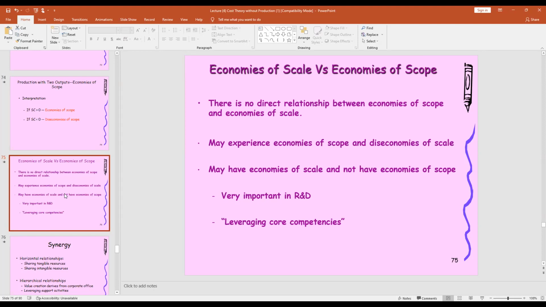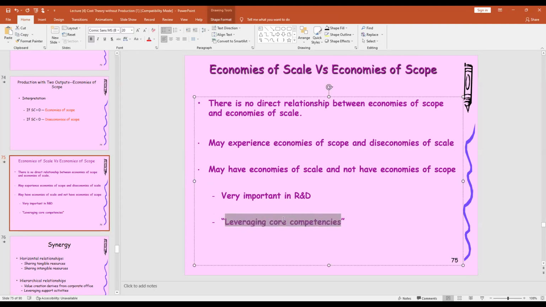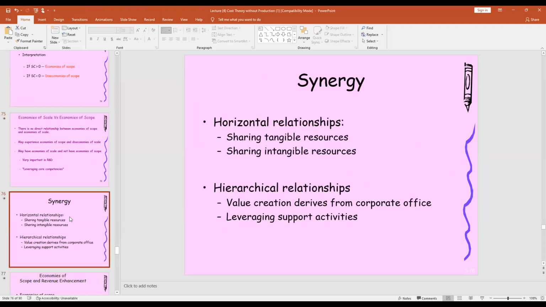But an important thing is that economies of scope and economies of scale can both be used in research and development. And leveraging the core competencies is also very important. Some may say it is very important, some may say it is not. It depends on which industry we are running.